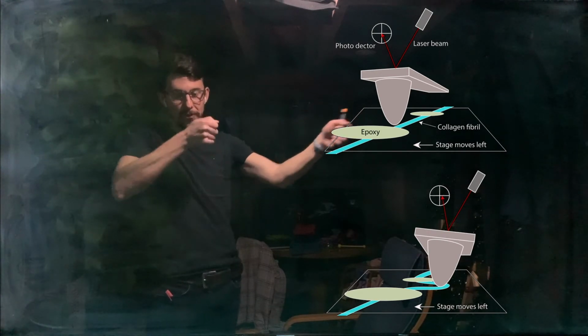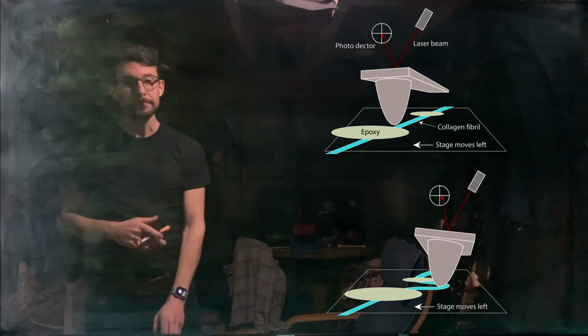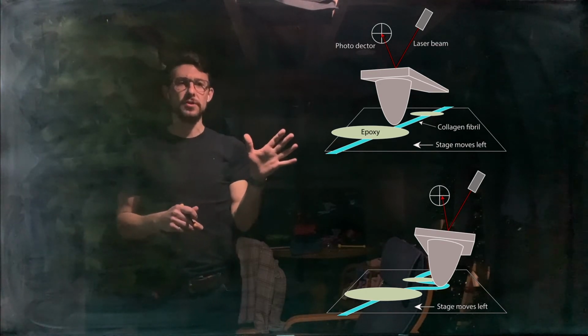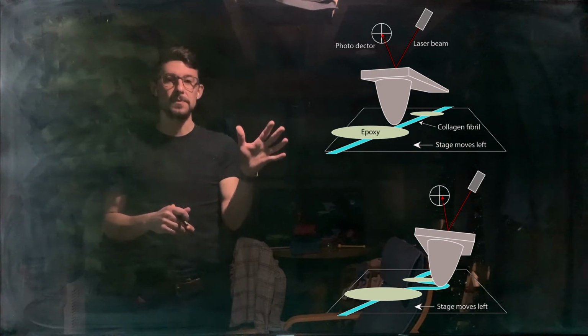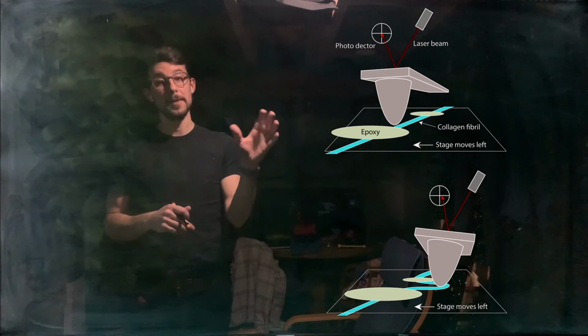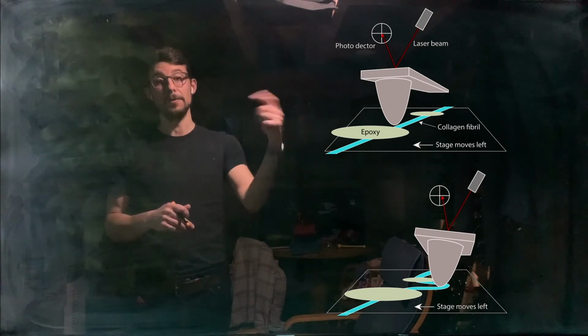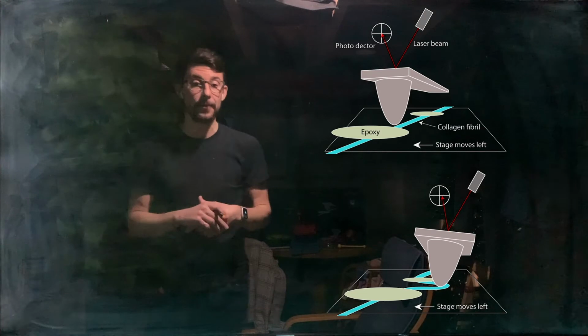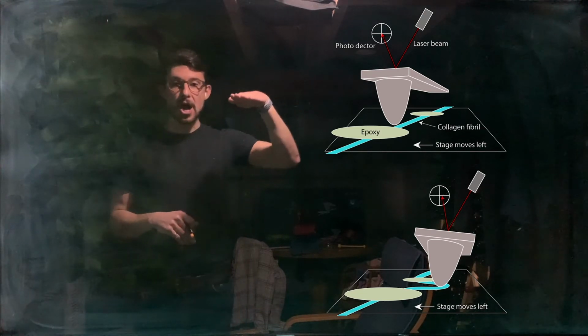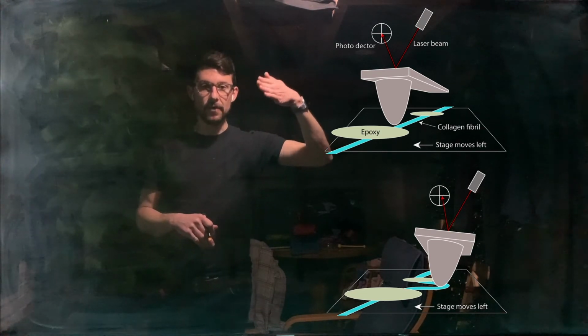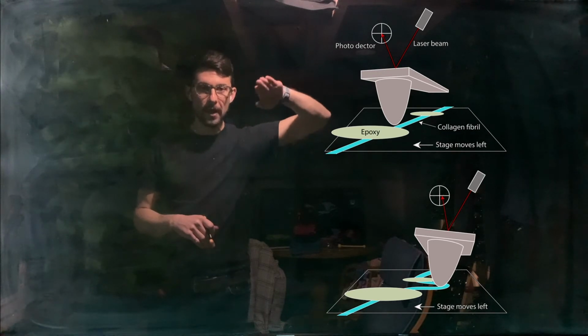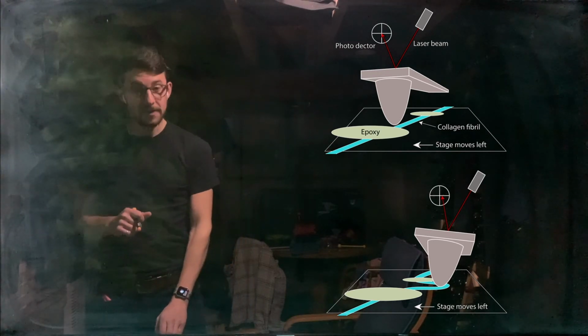And he was able to measure the amount of force being applied to the fibril, and back calculate stress based on the diameter, by measuring how much that cantilever twisted when the fibril contacted it.